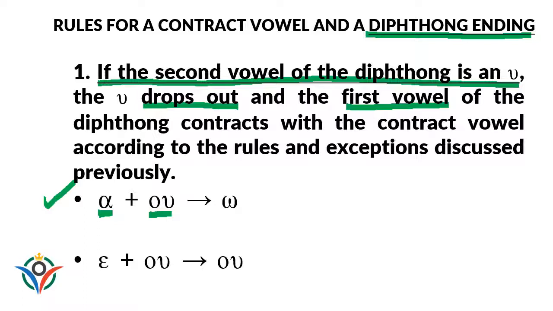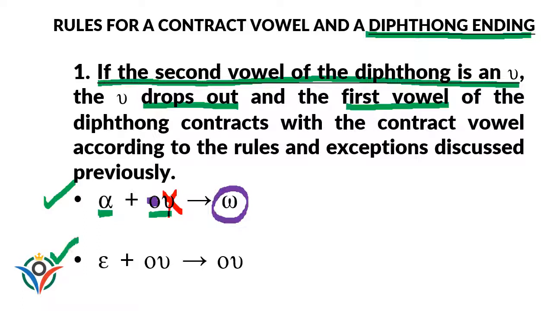All right, so the rule states here that the upsilon will drop out, and then the first vowel of the diphthong, all right, which is the omicron, is going to contract with the contract vowel according to the previous rules. All right, and according to our previous rules, this would follow the O-type rule because we have an omicron here, and it will prevail in its longest form, which is the omega.